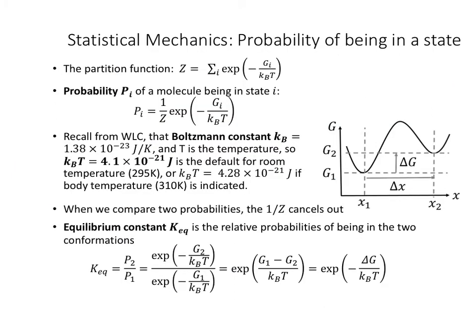We use statistical mechanics to predict how these molecules will behave. You might recall a partition function that's the sum for all of the states of the exponent of the negative energy of that state divided by thermal energy, although you are likely used to considering the energy of a mole and then considering RT, the gas constant.